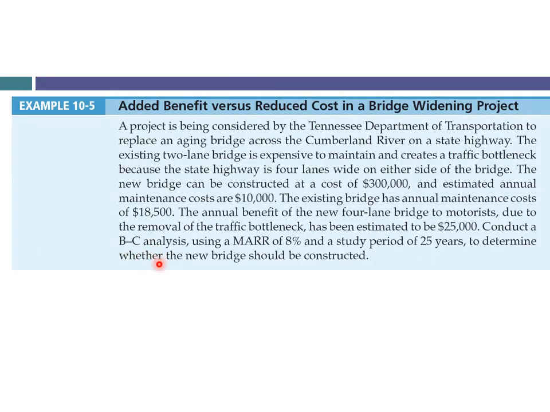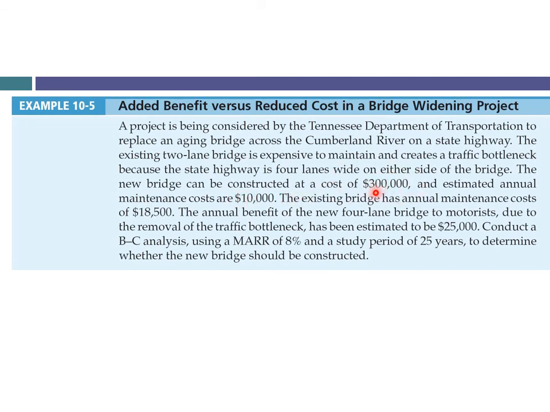Let's consider another example to see this. A project is being considered by the Department of Transportation to replace an aging bridge across a river on a state highway. The existing two-lane bridge is expensive to maintain and creates a traffic bottleneck because the state highway is 4 lanes wide on either side of the bridge. The new bridge can be constructed.